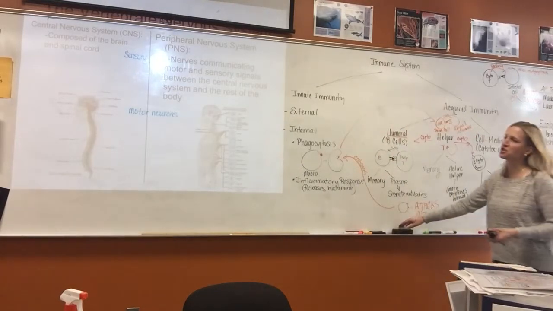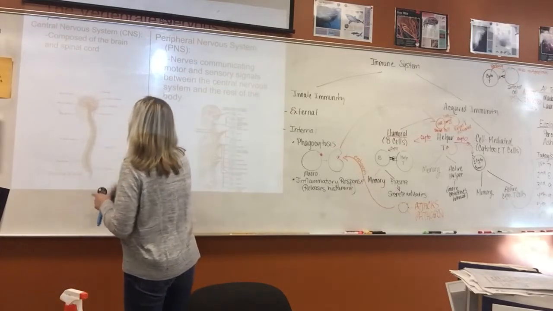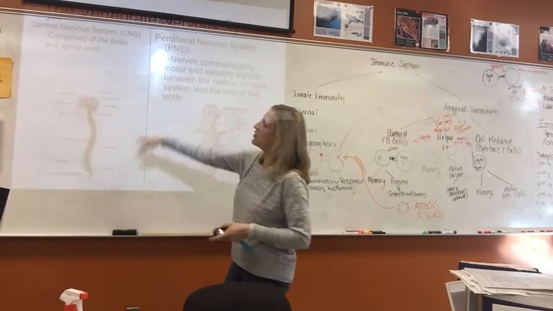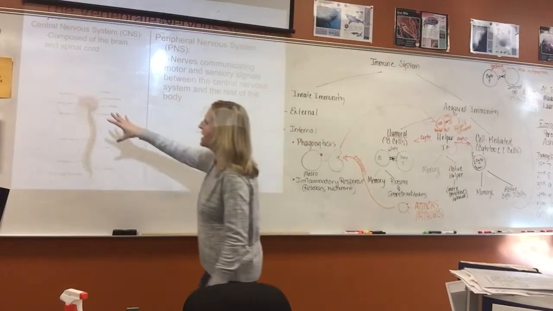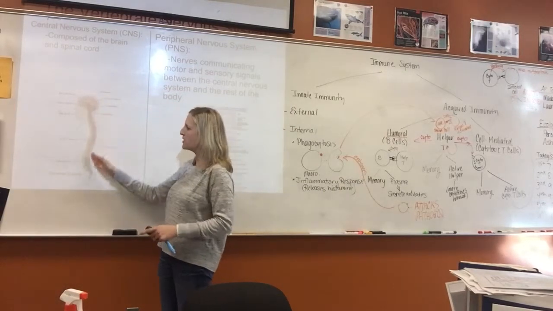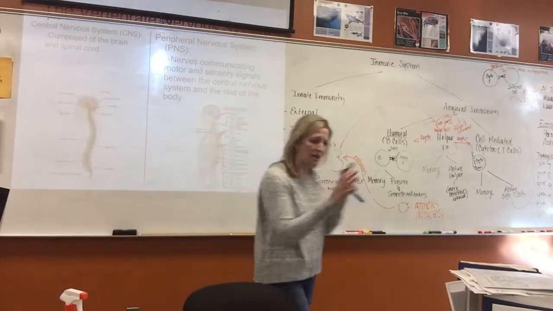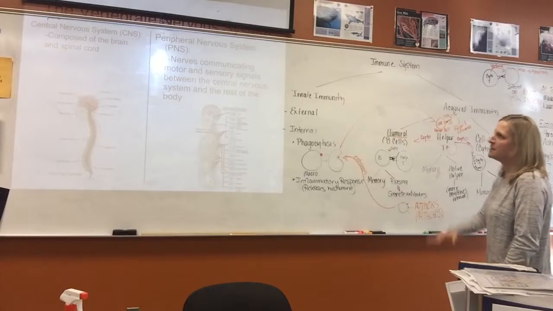So this picture compares and contrasts the central nervous system and the peripheral nervous system. You have the central nervous system, the brain and the spinal cord. This picture I just put on here to give you a visual to compare to. You don't need to know all these different parts, all right? I'll tell you exactly what we need to know as we go on.